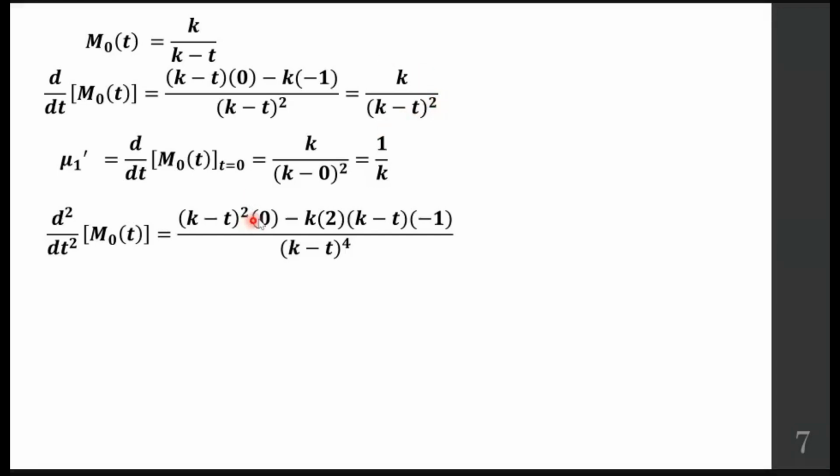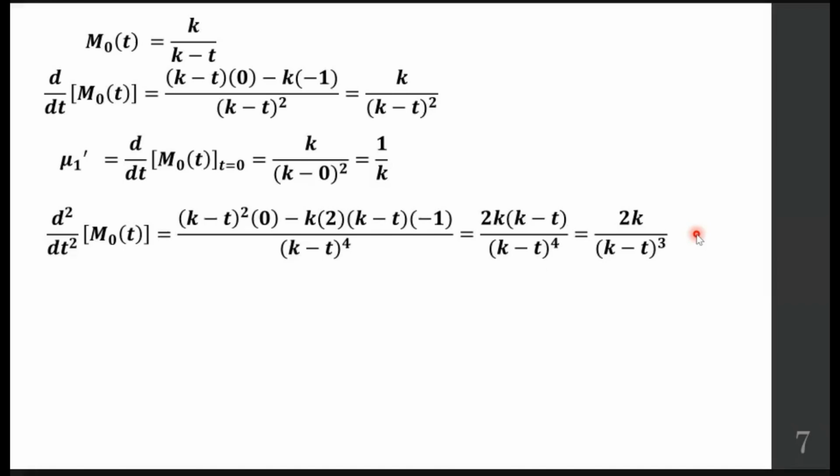So v into du minus u into the derivative of k minus t the whole square, which is 2 into k minus t into the derivative of k minus t, which is minus 1, upon the denominator square. So the first term will become 0. We can cancel one k minus t, and then we will get the answer as 2k upon k minus t the whole cube.